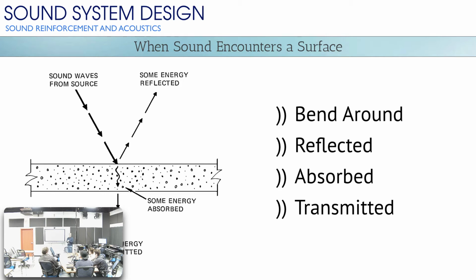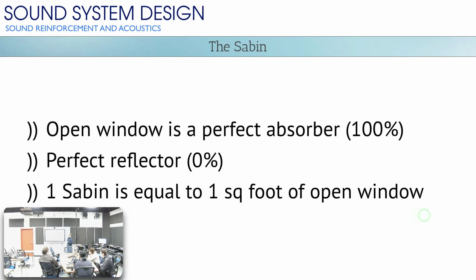Okay, so if you've ever heard the word Sabin getting thrown around in the context of acoustics, this is the name of a person who thought about this a little bit, or a lot actually, and tried to come up with some ways. And what Sabin observed was that he wanted to figure out a way to measure reflection and absorption, and to talk about it in some way that was consistent.